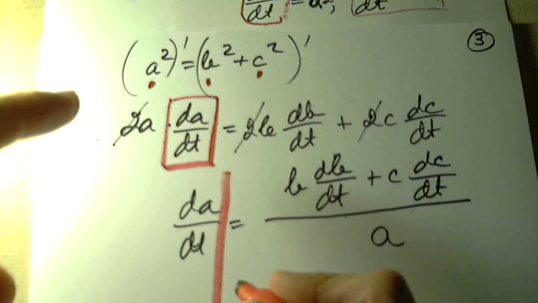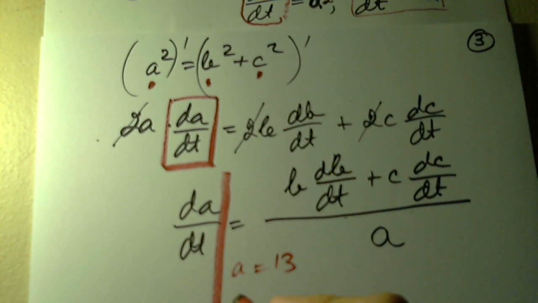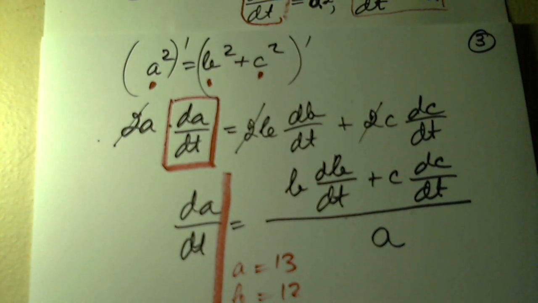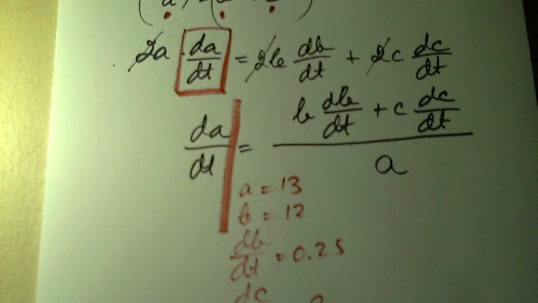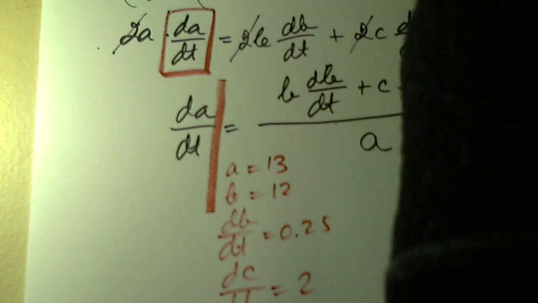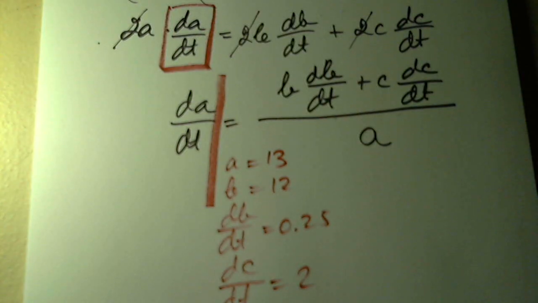What am I plugging in? I'm plugging in that a equals 13, b equals 12, dB over dt equals 0.25, and dc over dt equals 2. That's it. I just have to plug them in and it's done.